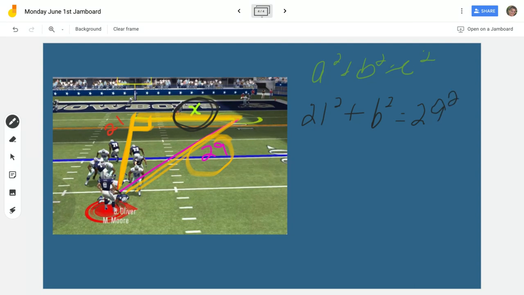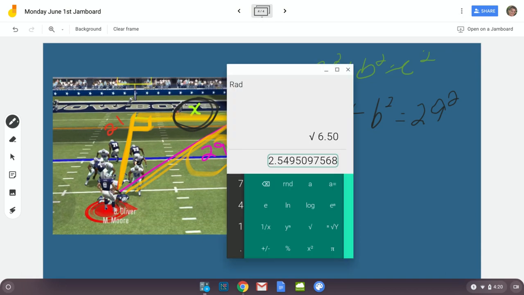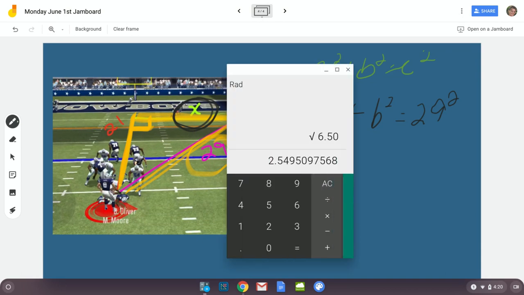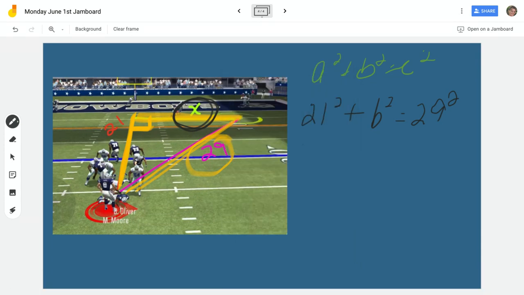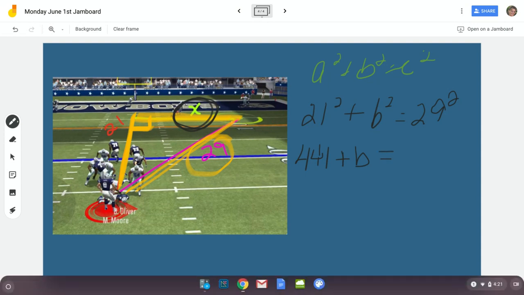So this is a little bit different of a problem. So now I have to square 21. So I'm going to pull up my calculator, and I'm going to do 21 times 21, and that's going to give me 441 plus b squared, oops, my pen's not working here, is equal to 29 times 29.